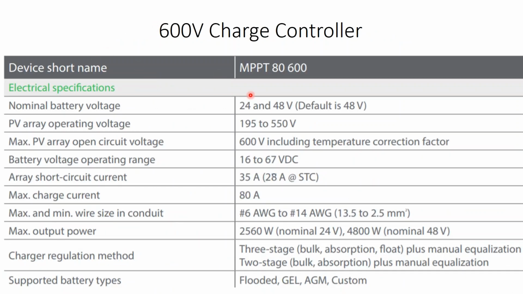Looking at the charge controller spec sheet, we see that it's designed for both 24 volt and 48 volt systems, but the 48 volt system is going to be twice as powerful, so might as well just do a 48 volt system anyway. PV operating voltage from up to 550 volts, no big deal. Battery voltage range from 16 volts to 67 volts.